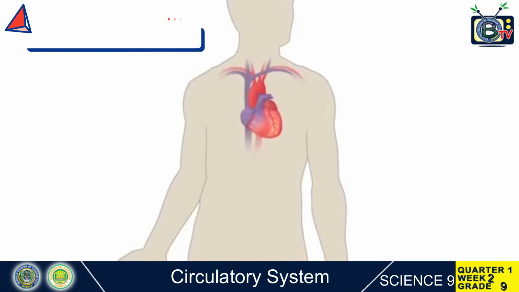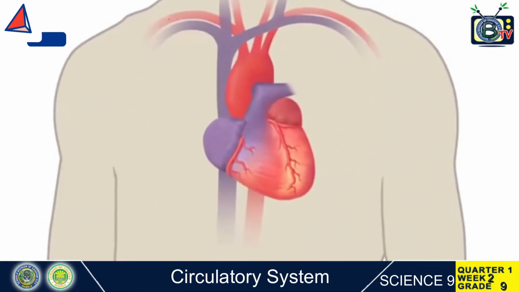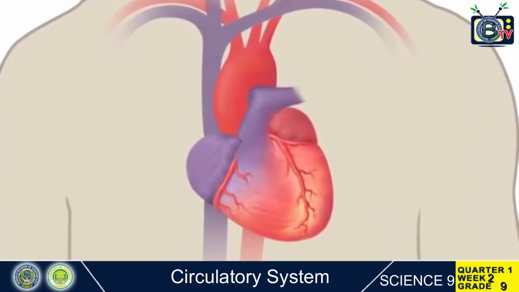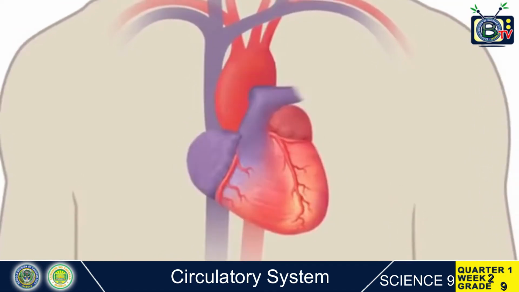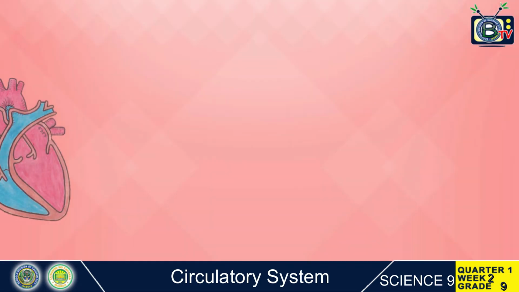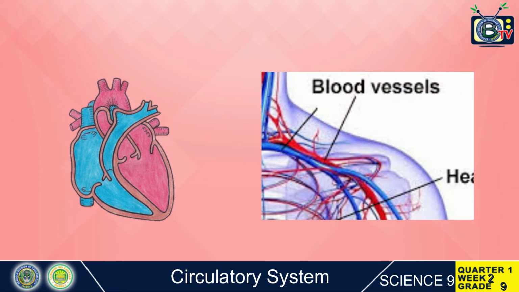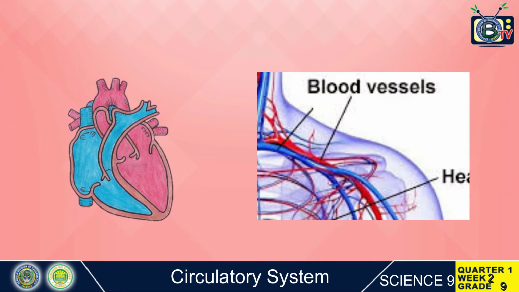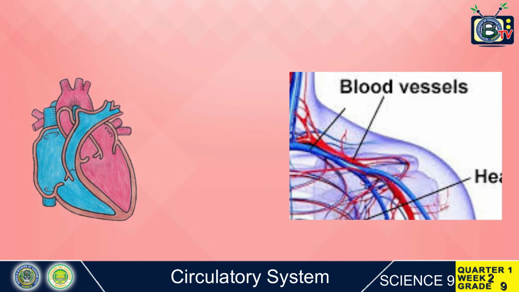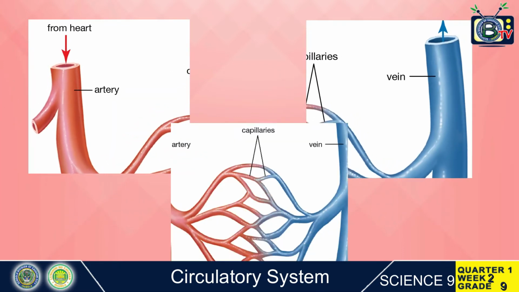The circulatory system is a broad term that encompasses the cardiovascular and lymphatic systems. The cardiovascular system consists of the heart, or cardio, and the vessels required for transport of blood, or vascular. The vascular system consists of arteries, veins, and capillaries.